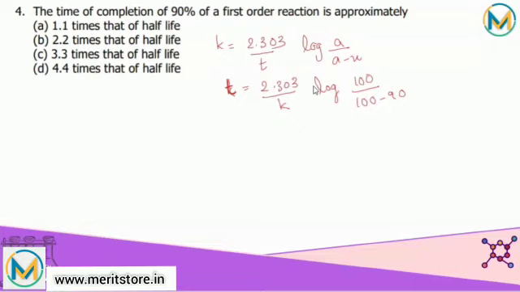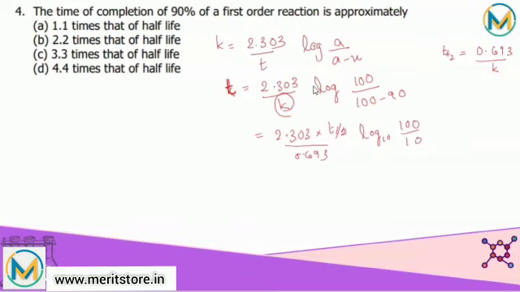Now we can take this K in terms of half-life. Since we know that t half is equal to 0.693 upon K, I can put it in these terms, and the constant value is also given, so that is 2.303 into t half, the whole upon 0.693, log to the base 10 of 100 upon 10. So this 0 and this 0 can cancel, and that becomes log of 10.